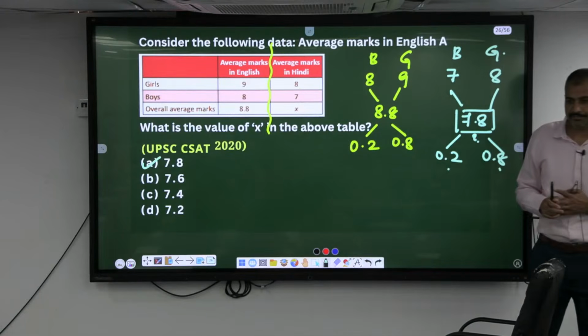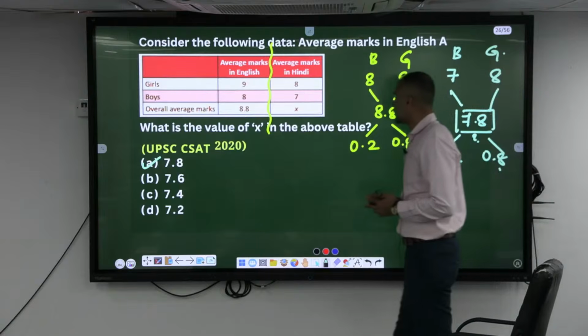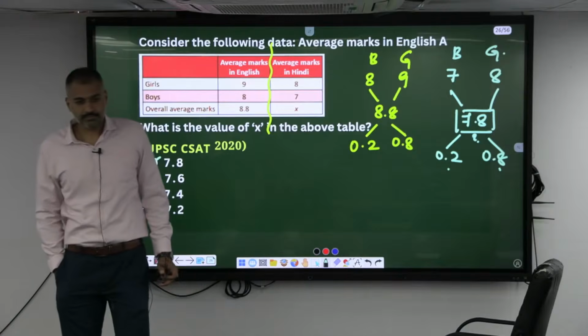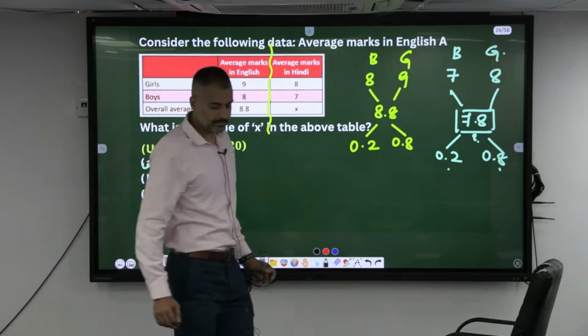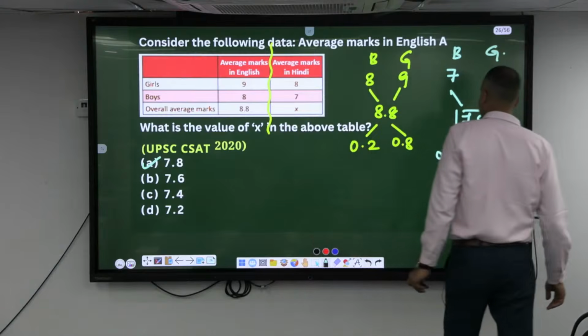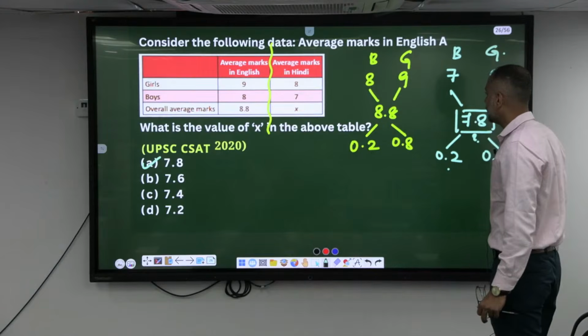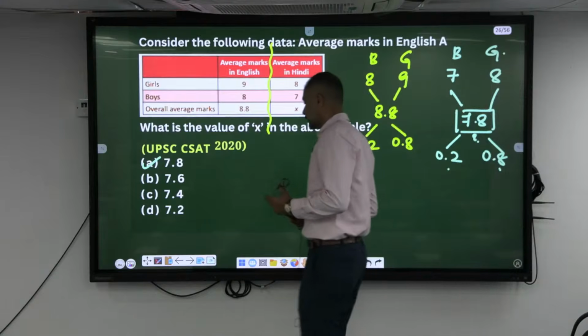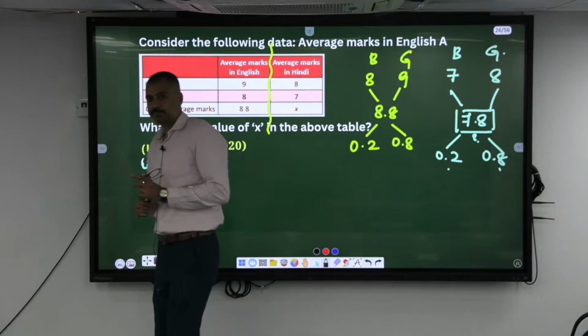Okay, sir. Using the first part of the data, take the ratio of the boys and girls. Using the same data, find X, where X has to be 7.8. Okay.